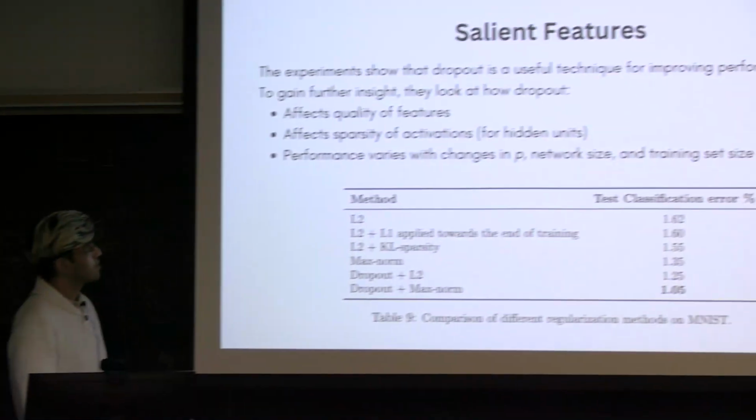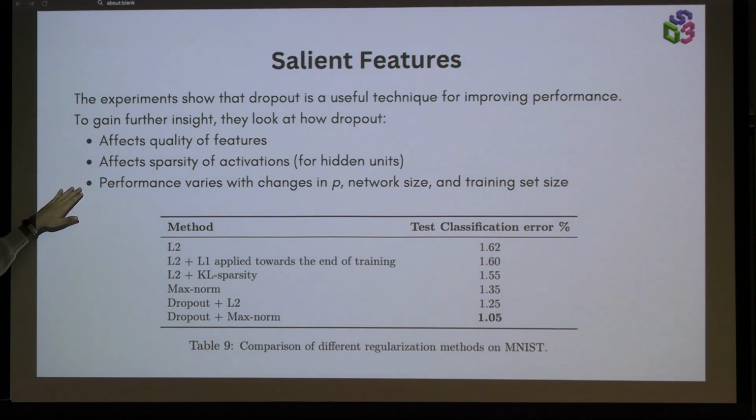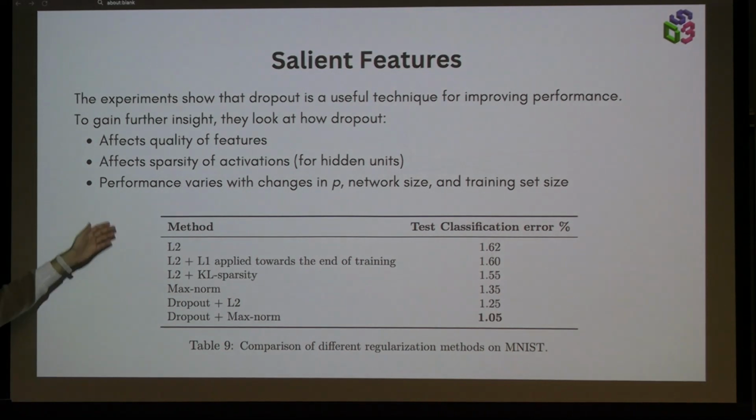So we're going to look at how it affects the quality of features, how it affects the sparsity of activations, more on this later, and how the performance changes when you change the probability of retainment, and when you change the network size, or when you change the amount of data you use.